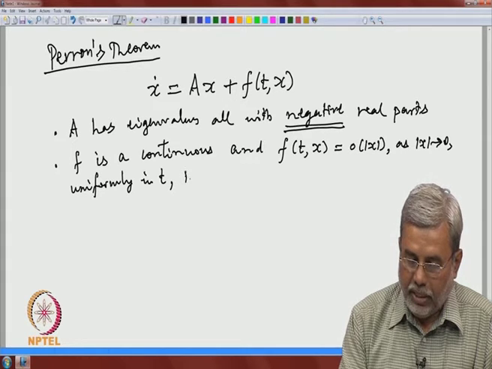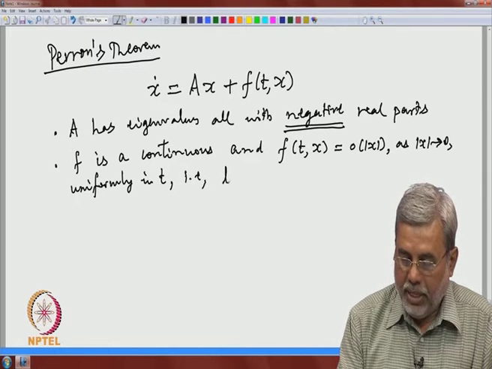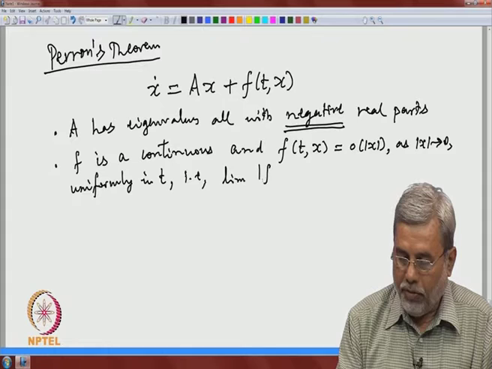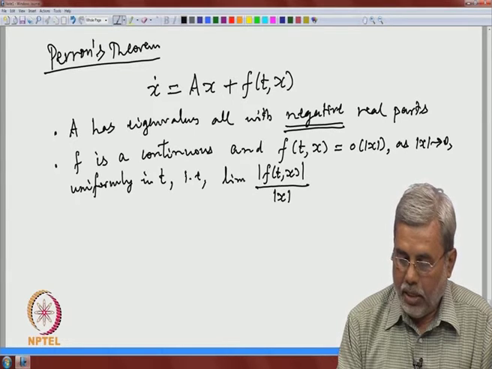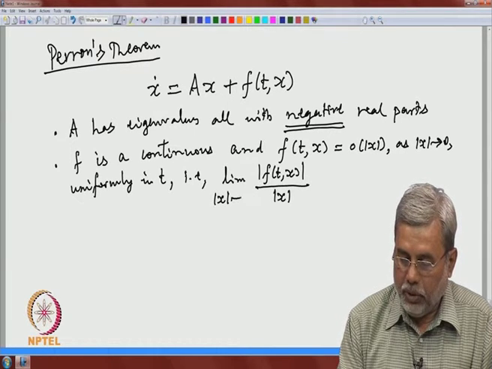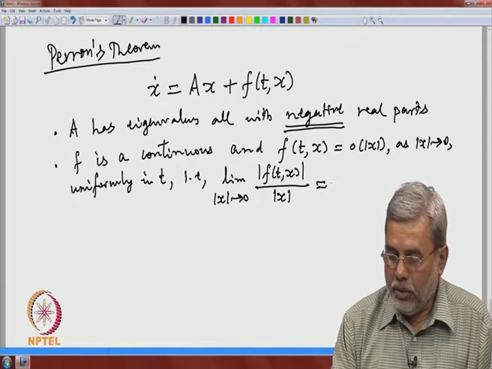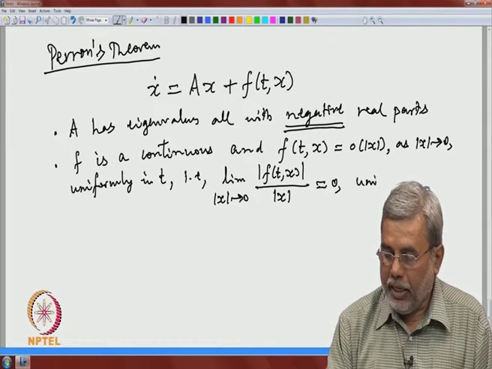What this means is that the limit of norm of f(t, x) over norm of x as x tends to 0 is 0, uniformly in t.